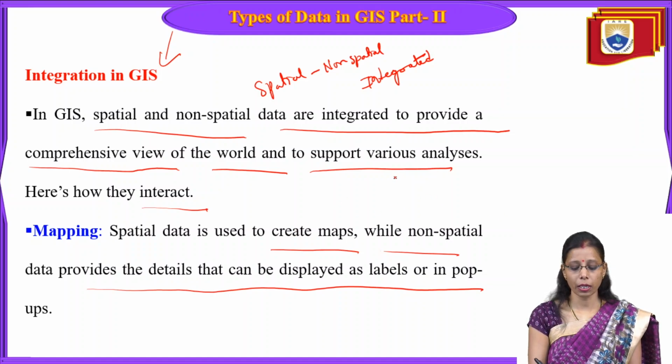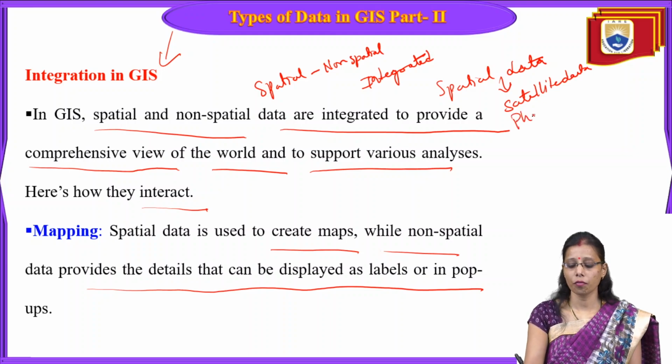So if I have spatial data, what are the examples of spatial data? If you remember, the examples of spatial data are satellite data or aerial photogrammetry. From aerial photogrammetry we have aerial photos or any image which is scanned. So scanned image.